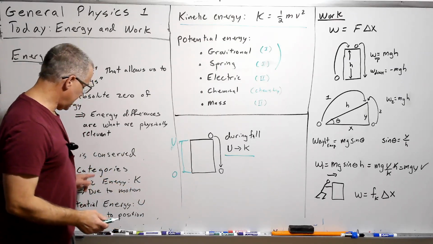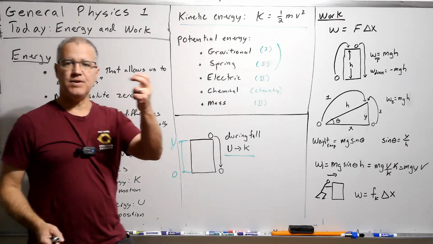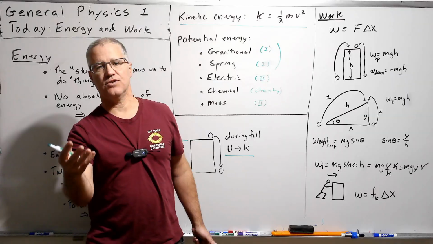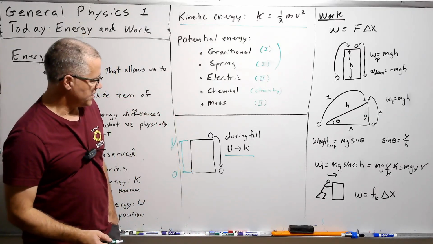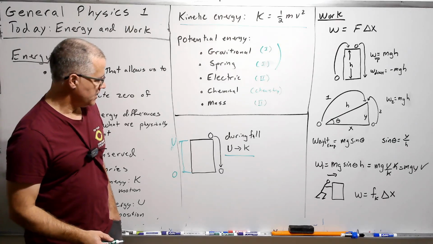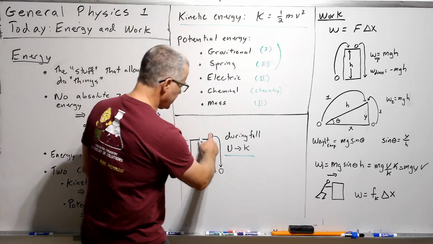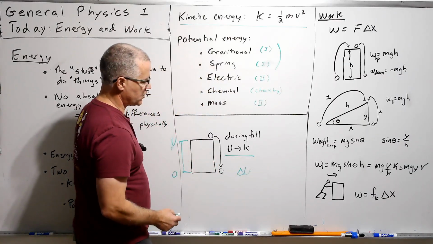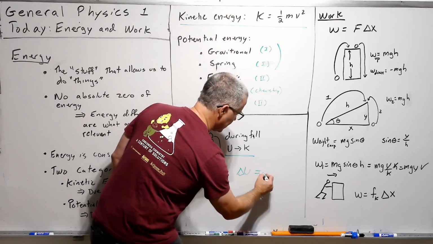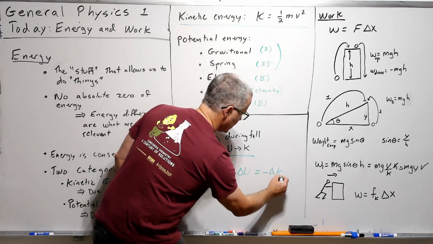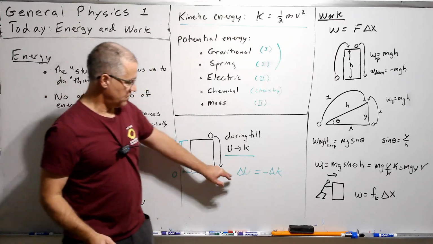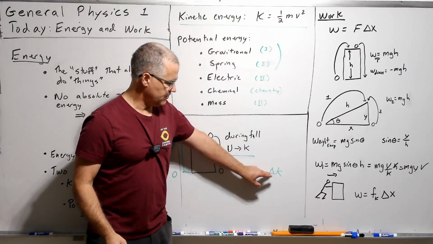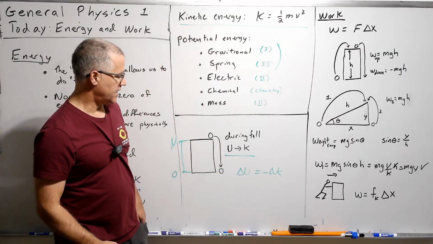And the key idea that energy is conserved is that every bit of potential energy that is lost during the fall turns into kinetic energy during that fall as well. And so during this fall, a change in potential energy will be exactly opposite the change in kinetic energy and vice versa. So if we drop a certain amount of energy, then we will gain that energy in kinetic energy.